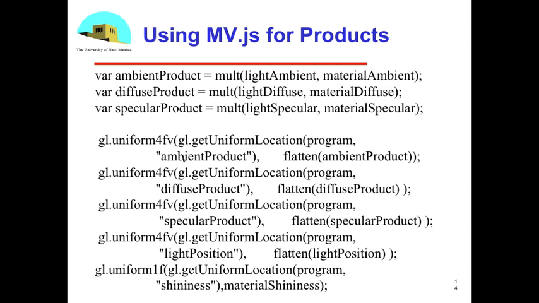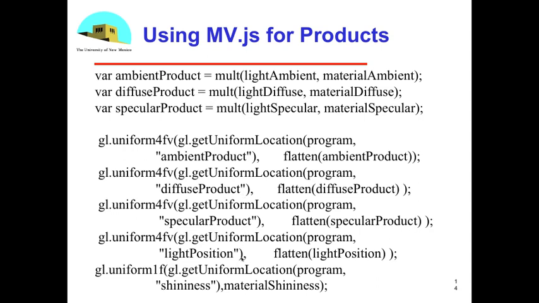We're going to give them the same names in the shader: ambient product, diffuse product, specular product. And then I have to run them through the flatten function, because these things are objects in JavaScript. They're not simply arrays of numbers. So flatten will recognize the size of this and extract the four constants out of it. Likewise, I do that for the diffuse product, and I do it for the specular product.